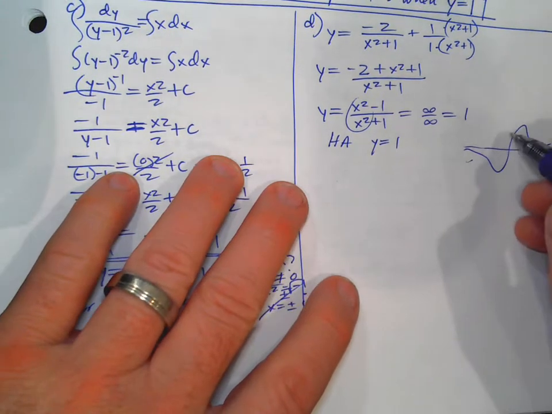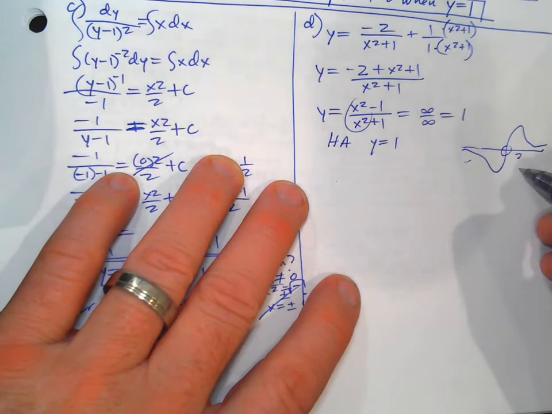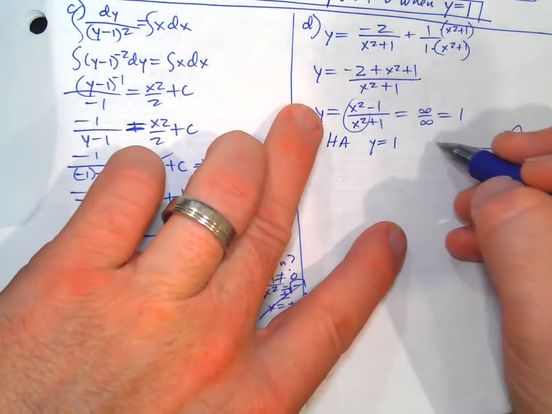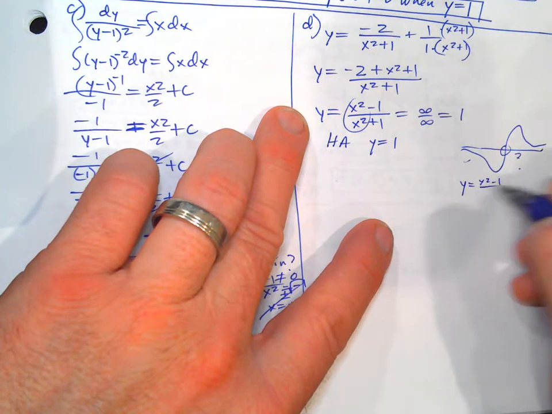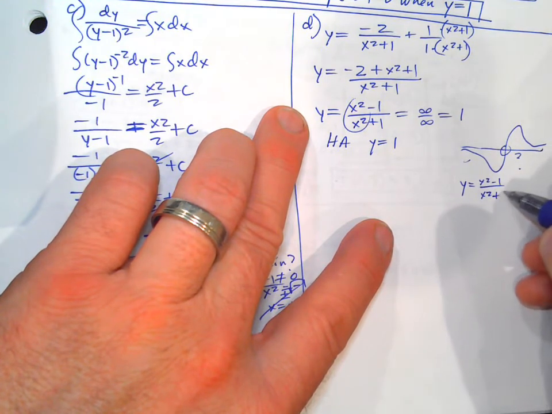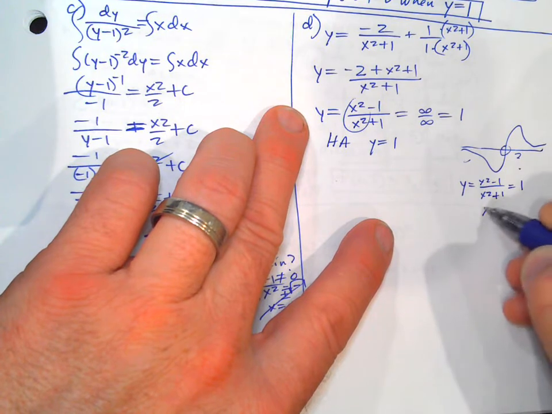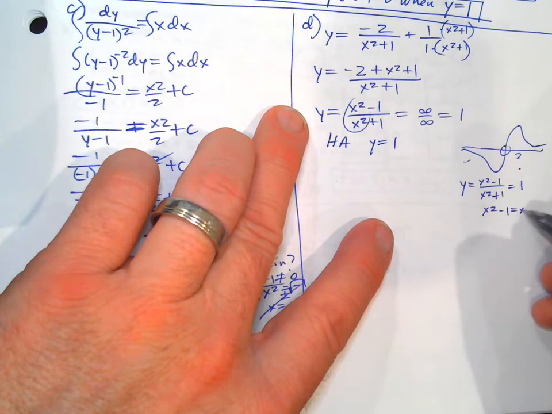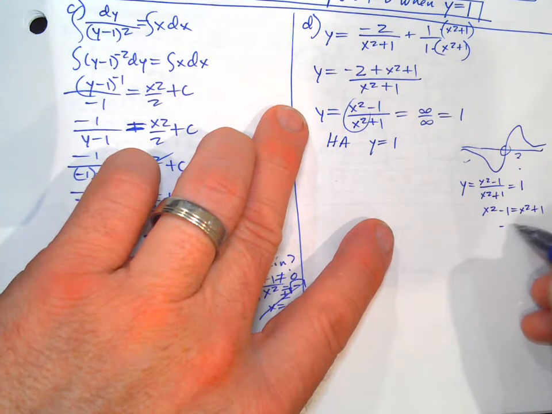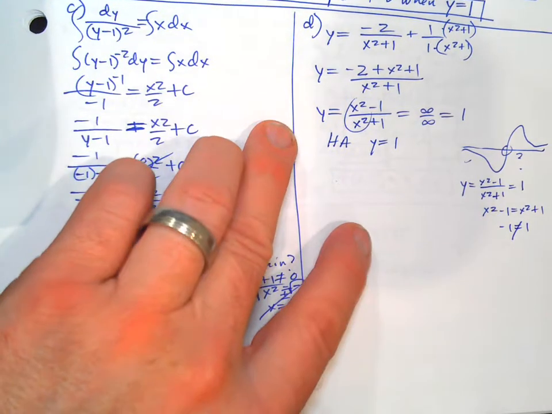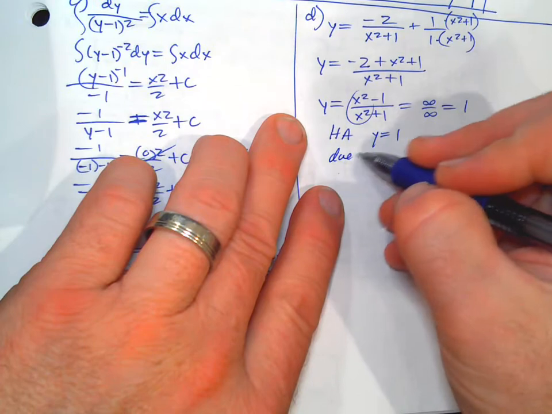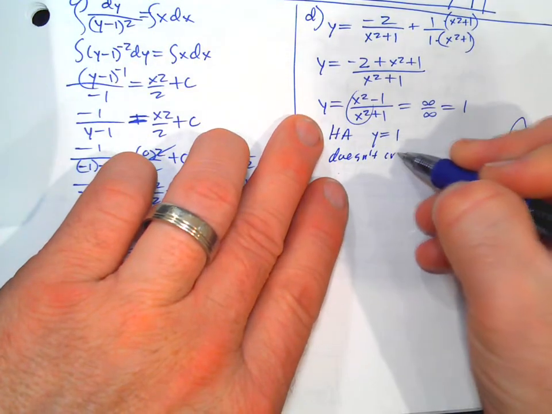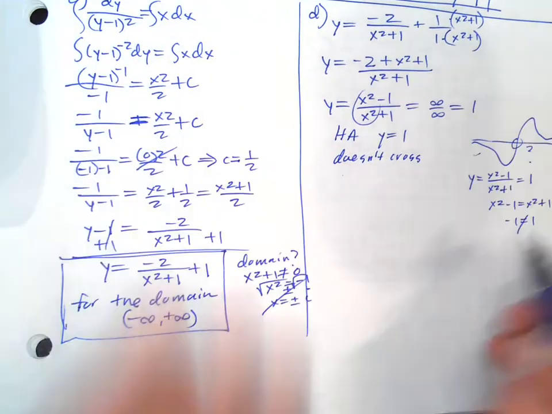You could find out if it crosses it by setting the equation equal to the asymptote and trying to solve for it. We get something that doesn't make sense, so it doesn't cross it, which gives us a little bit of information.